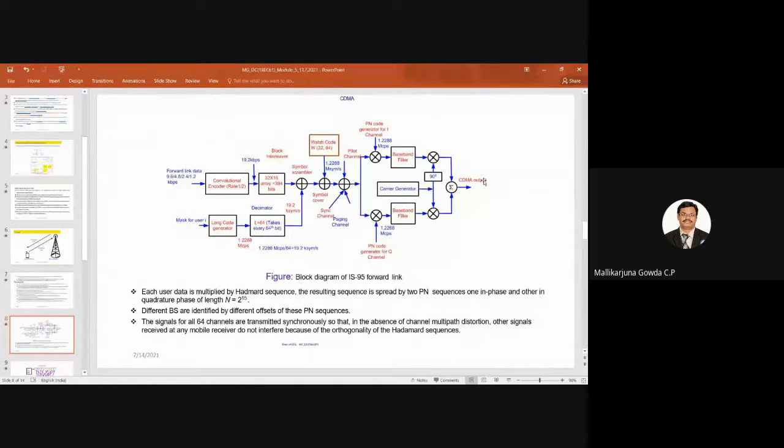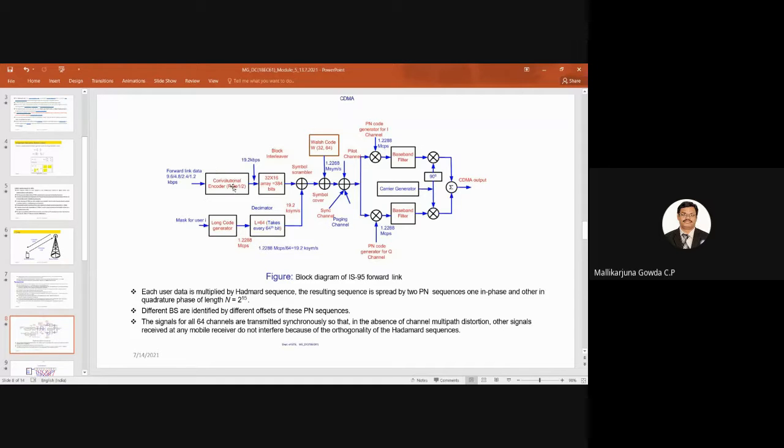Let me say once again about this in detail with respect to the data rate obtained. I hope it is clear up to this point how the speech signal has been converted into variable data rate by using a speech coding technique.